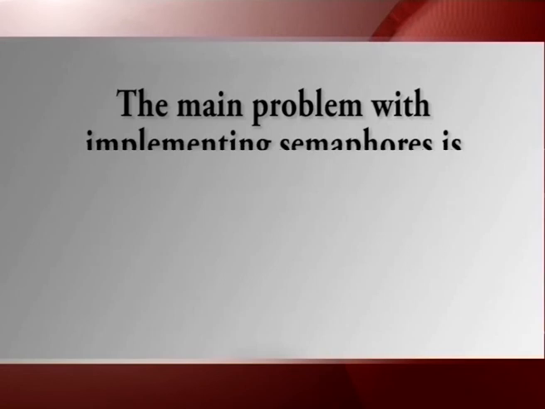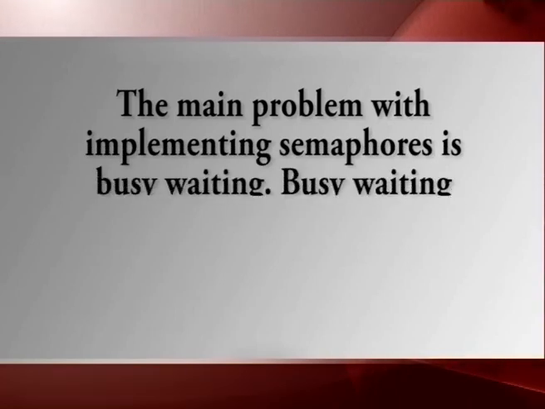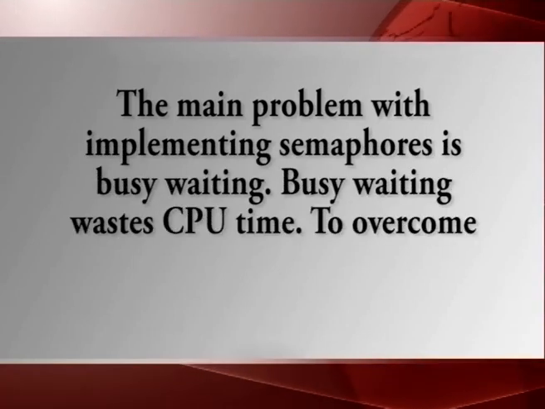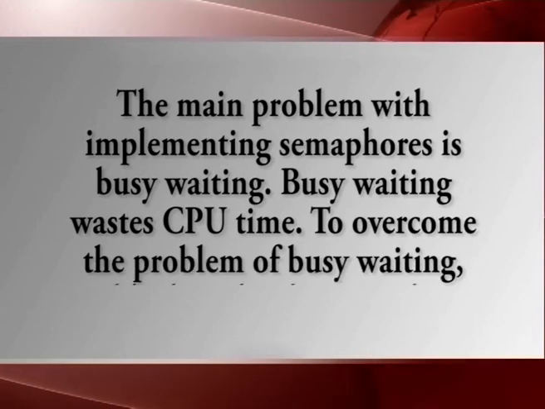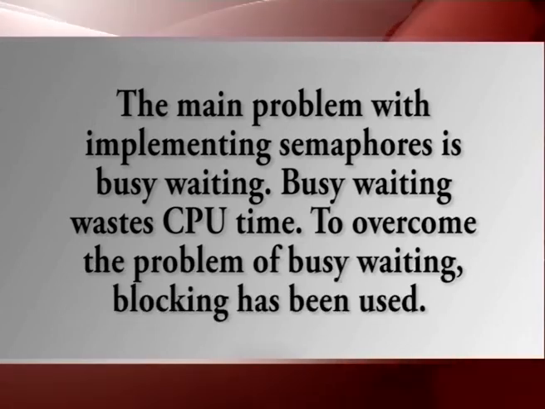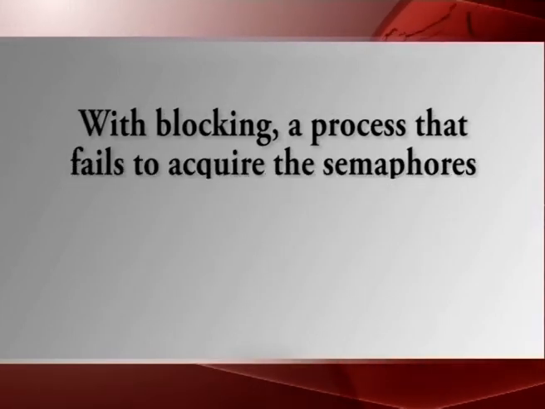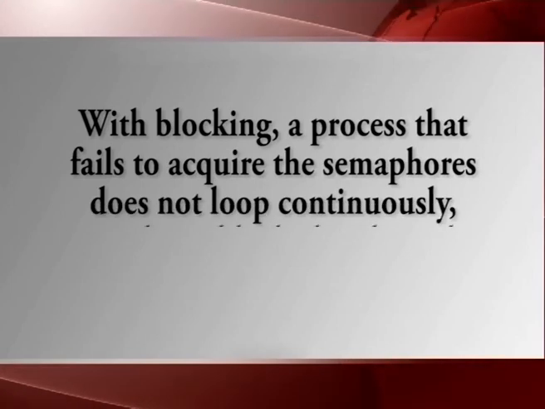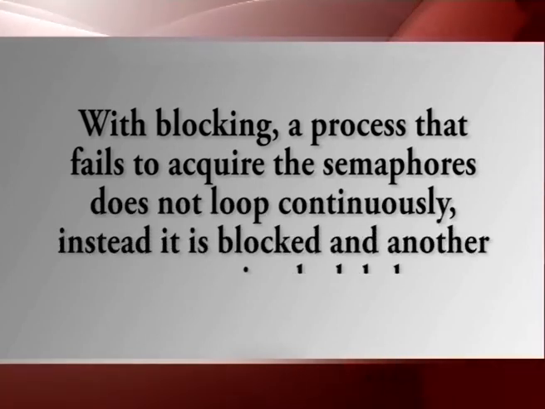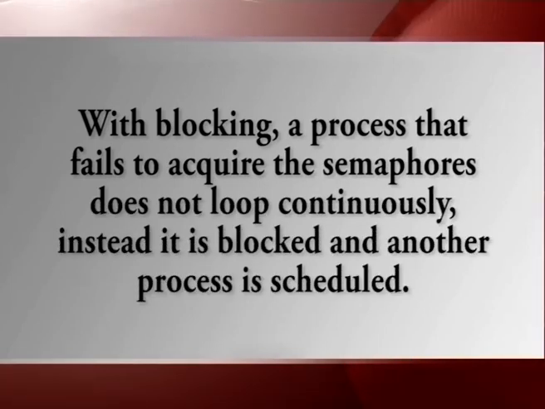The main problem with implementing semaphores is busy waiting. Busy waiting wastes CPU time. To overcome the problem of busy waiting, blocking has been used. With blocking, a process that fails to acquire the semaphore does not loop continuously. Instead, it is blocked and another process is scheduled.